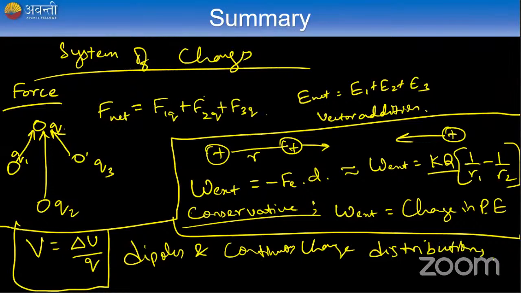So for the case of dipole, electric field was given as E is equal to K times 2P by R cube for the condition, which condition? Axial condition, axis.